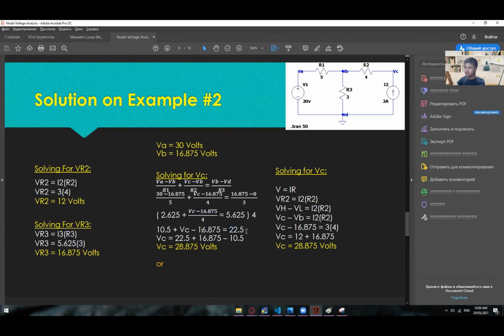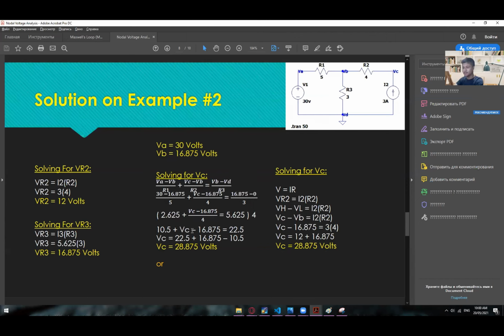Okay. And then from here, you can now add similar terms. So 10.5 minus 16.875, or what I did here is I transpose everything. So VC is on the left side, and then everything that is not the same is on the right side.